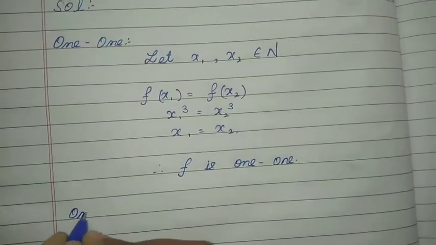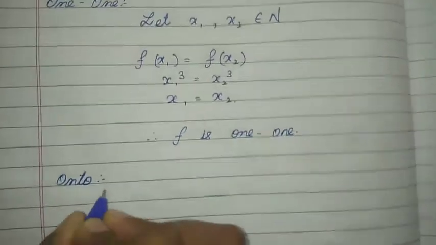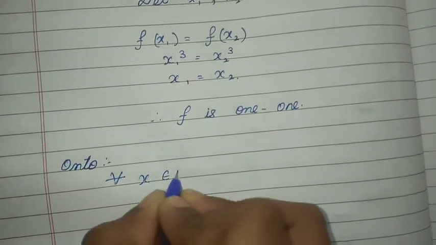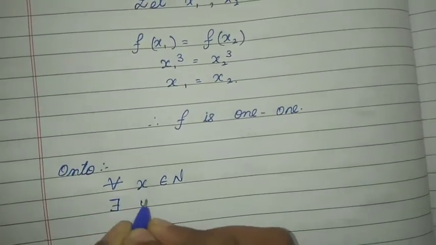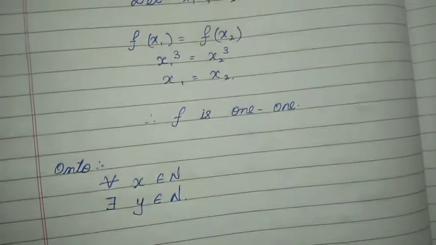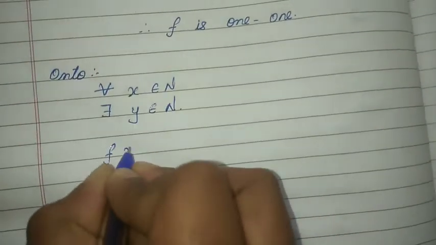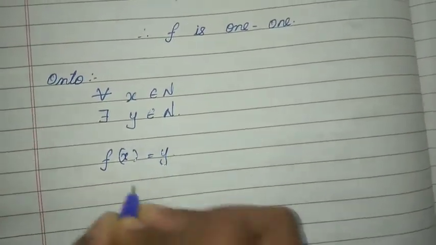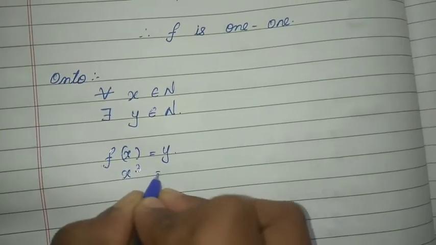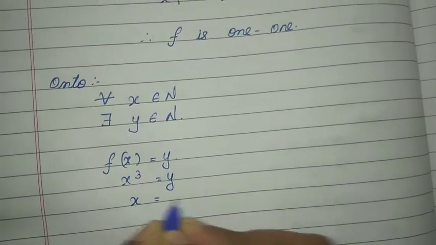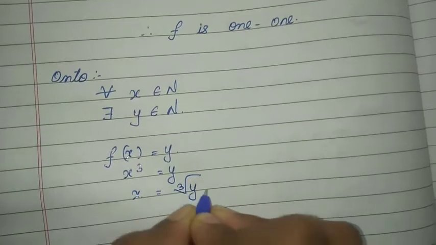Okay, now we'll move on to onto. For every x belonging to N, there exists y belonging to N. So f of x is equal to y, x cube is equal to y, x is equal to cube root of y.